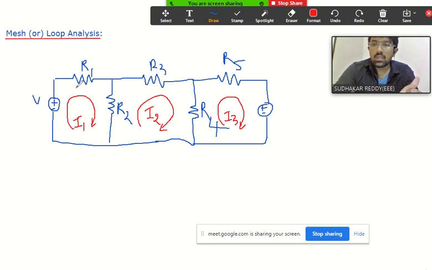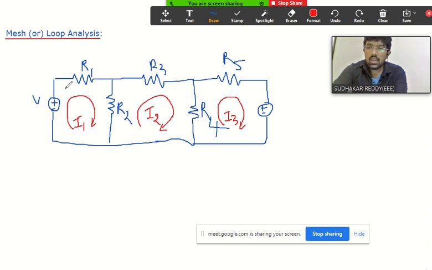Once again I'm repeating, we need to indicate the polarities for the voltage drops across each and every element, based on our assumed loop current direction.